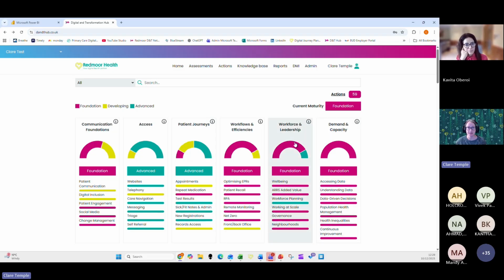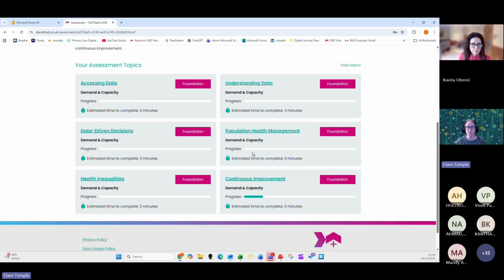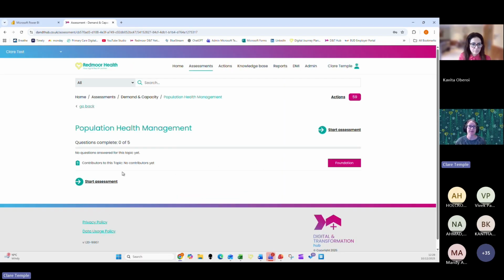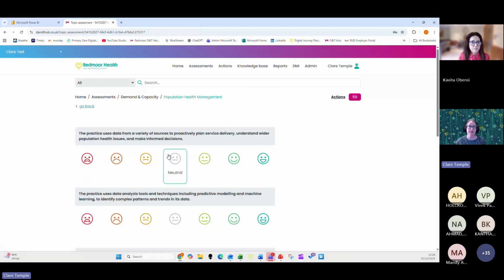Now this is my test site, so obviously I'm really awful at most things in my practice, but if we can pick on population health management, you can see that you can go in and start this assessment, and it's a really simple frowny face to a smiley face as to where you think you sit for each of these.